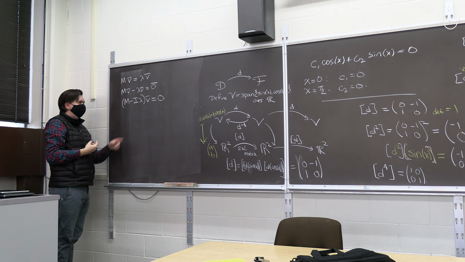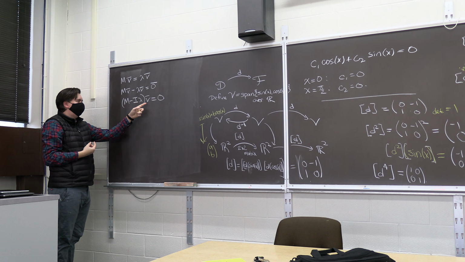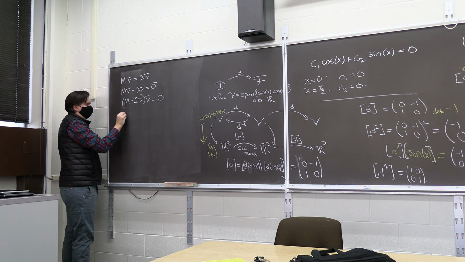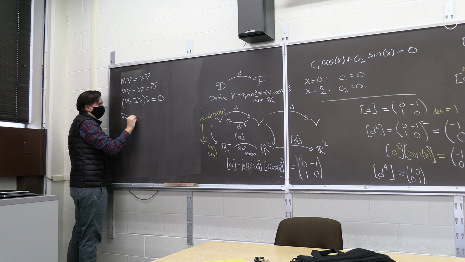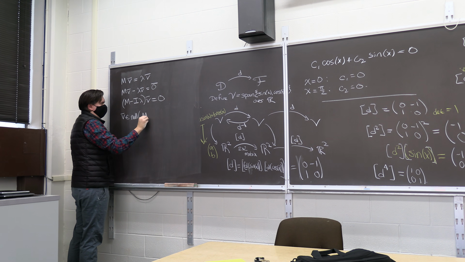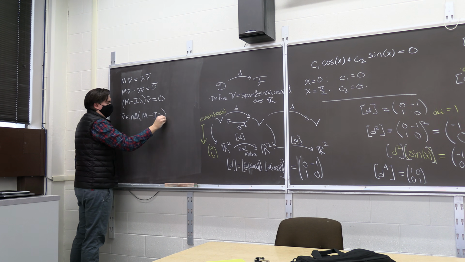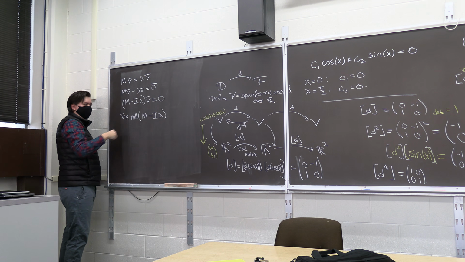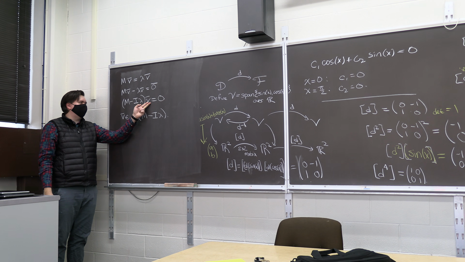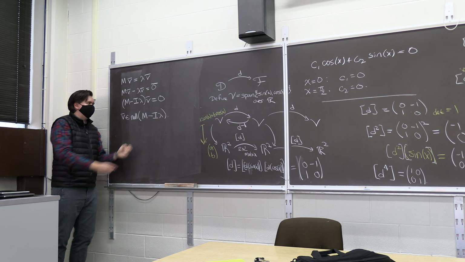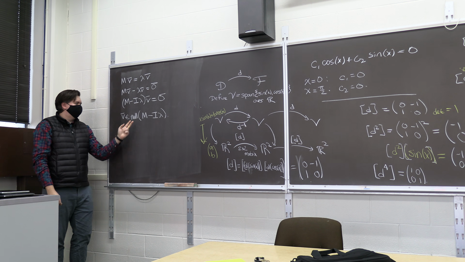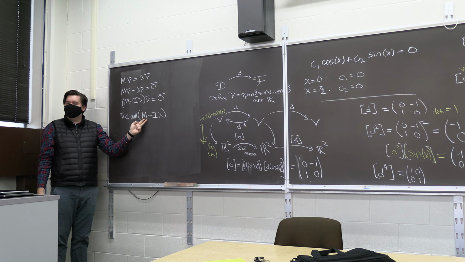Solving this is really saying that V is in the null space of M minus lambda times the identity. This is another term you may have forgotten. The null space is the collection of all vectors such that when you multiply a matrix by that vector, you get 0. So we're just saying V is in that null space.